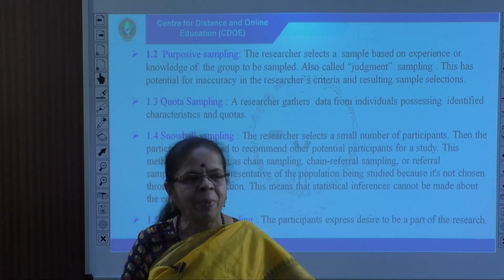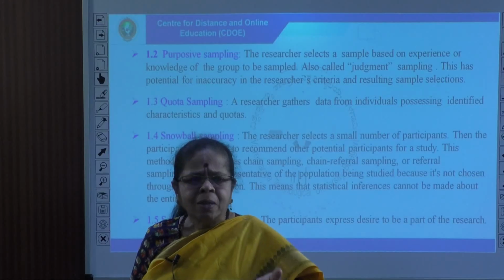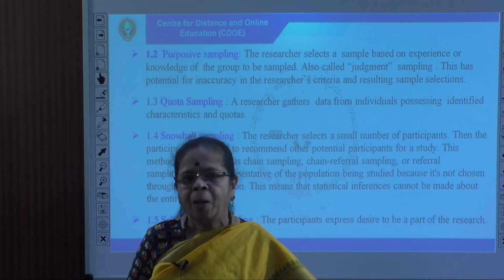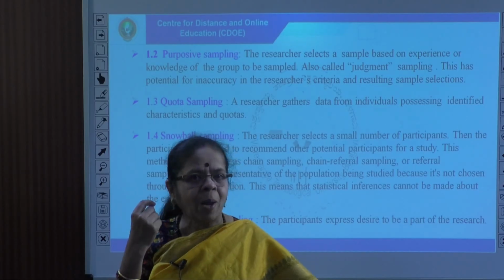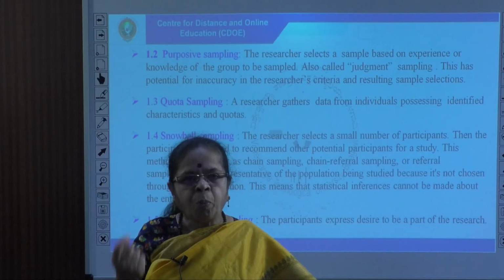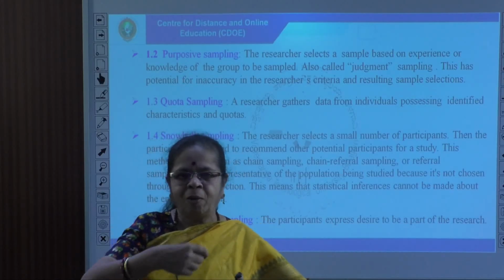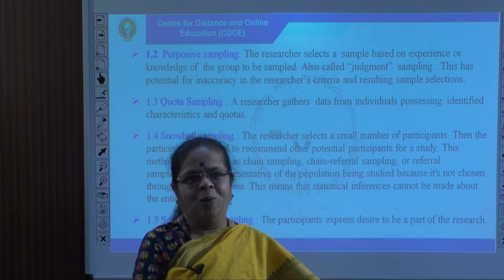In medical research, what happens? Let us say there is a trial. I am sure you would have seen such advertisements when you open your mobile. They will say there is a new hearing device which has come, so people who were born before 1960 can volunteer for a trial. So I go and volunteer.